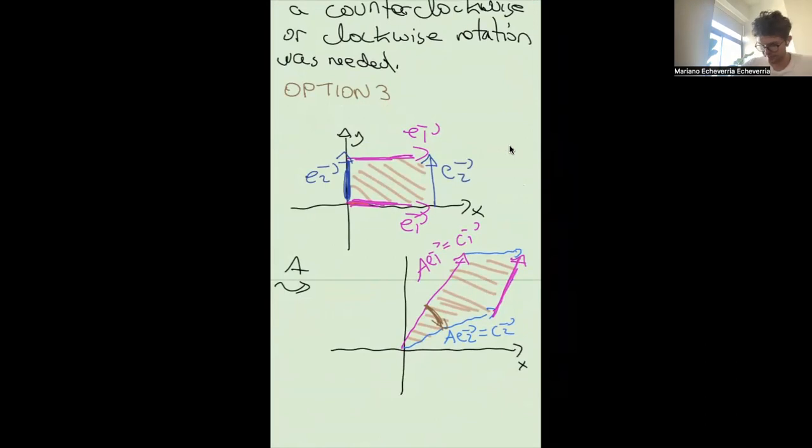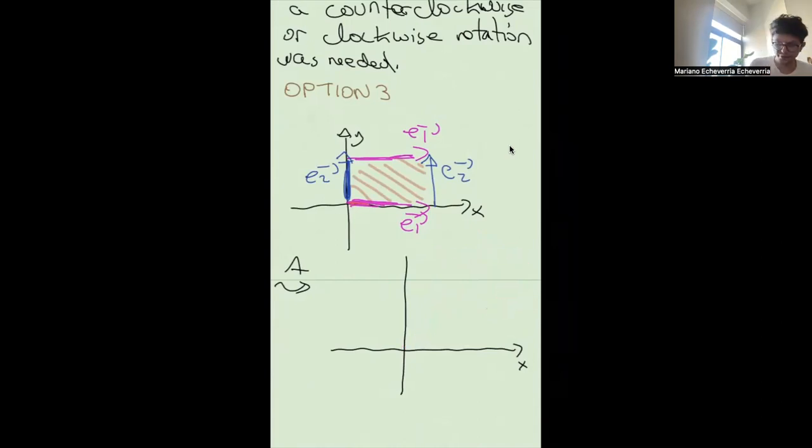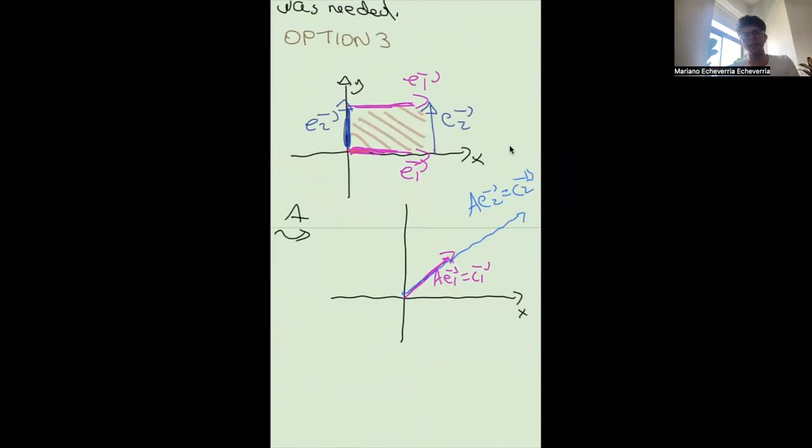In option 3, after you do the matrix multiplication, the two vectors belong to the same line. So in this case, there's no parallelogram.